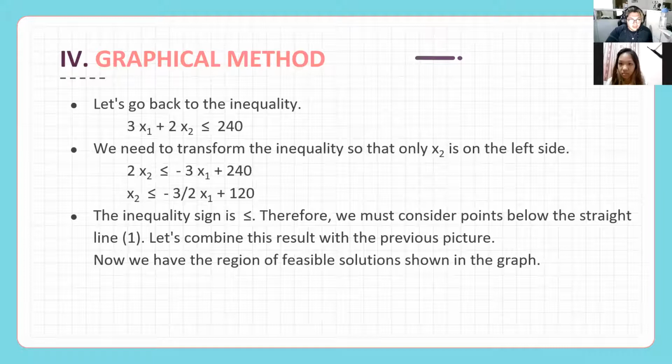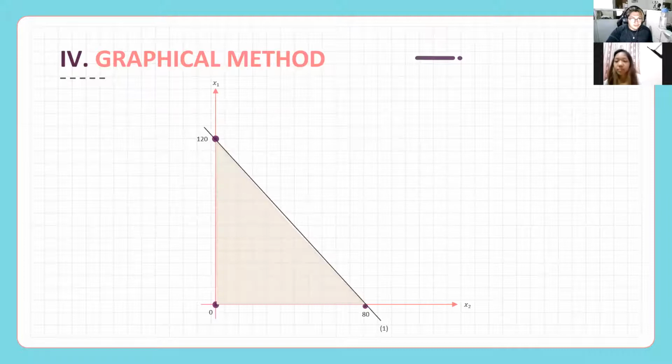The inequality sign is less than or equal, therefore we must consider points below the straight line. Let's combine this result with the previous picture. Now we have the region of feasible solutions shown in the graph.